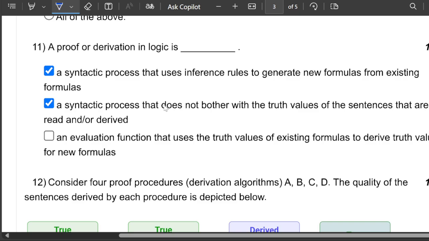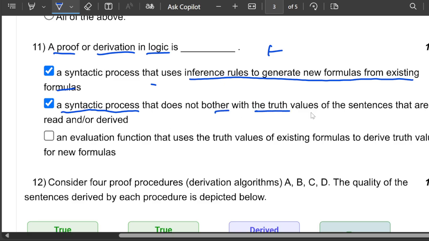A proof or derivation in logic is what? A syntactic process that uses inference rules to generate new formulas from existing formulas. Okay, a syntactic process that does not bother with the truth values of the statements that are being read or derived.